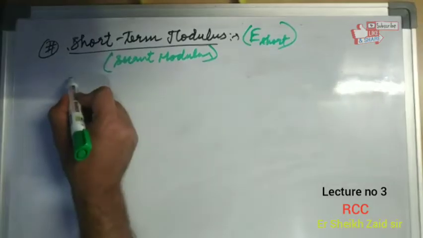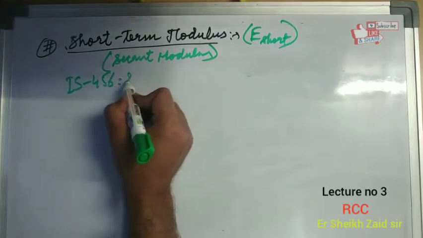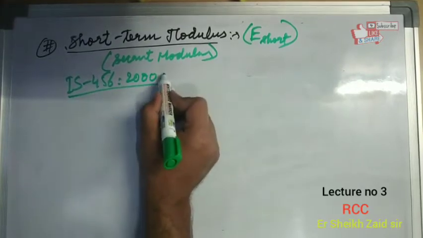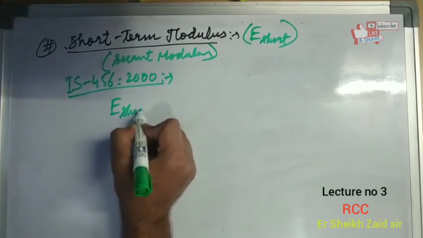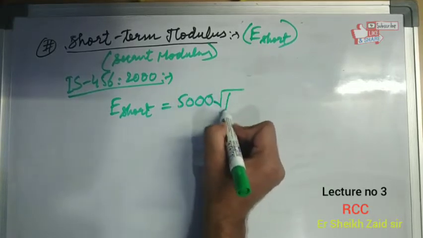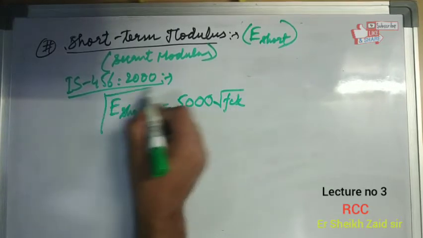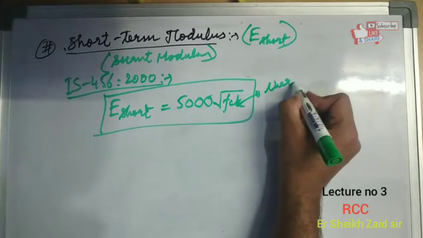So as per IS 456 2000, it defines the value of short-term modulus of concrete as 5000 root of fck, where fck is the characteristic strength of concrete.